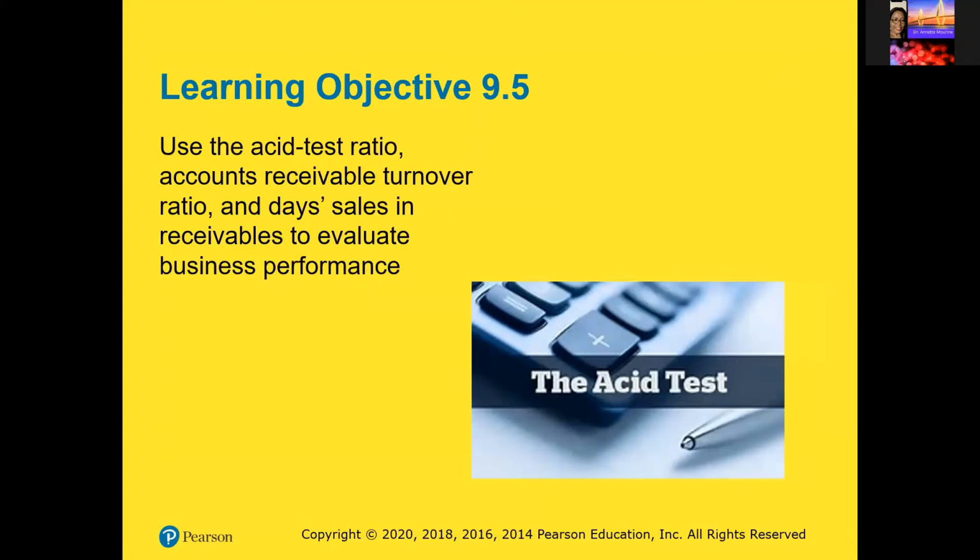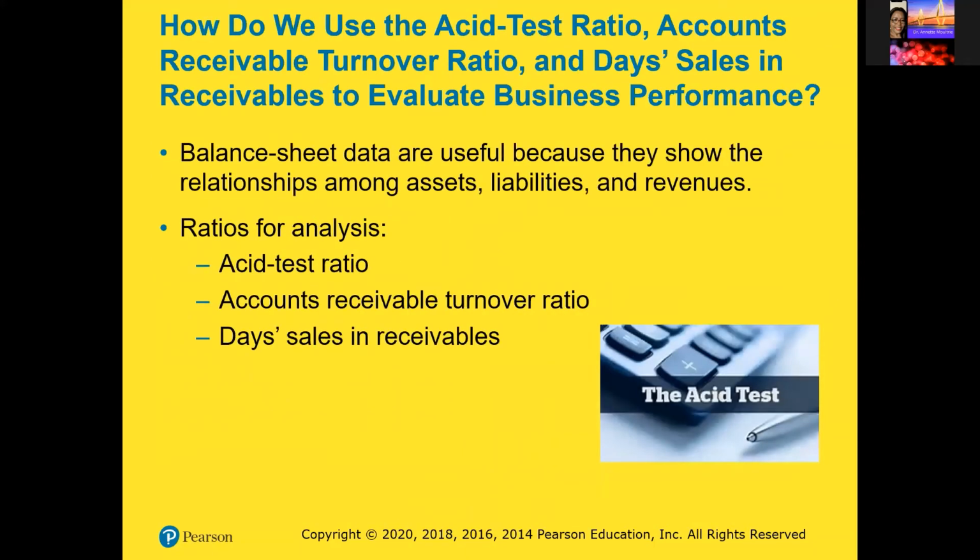So how do we use the acid-test ratio, accounts receivable turnover ratio, and days' sales in receivables to evaluate business performance? The balance sheet can be used to calculate various ratios, such as the acid-test ratio, the accounts receivable turnover ratio, and days' sales in receivables.